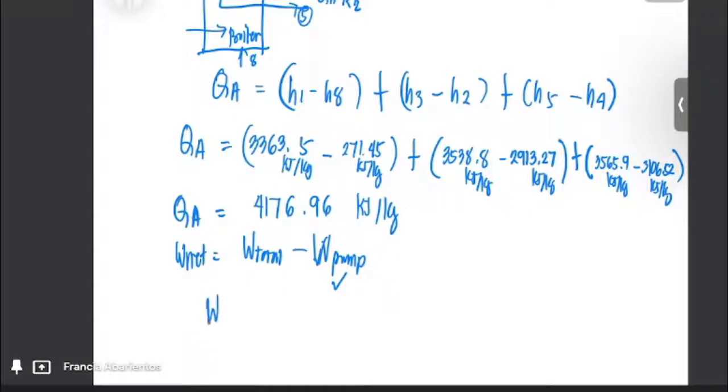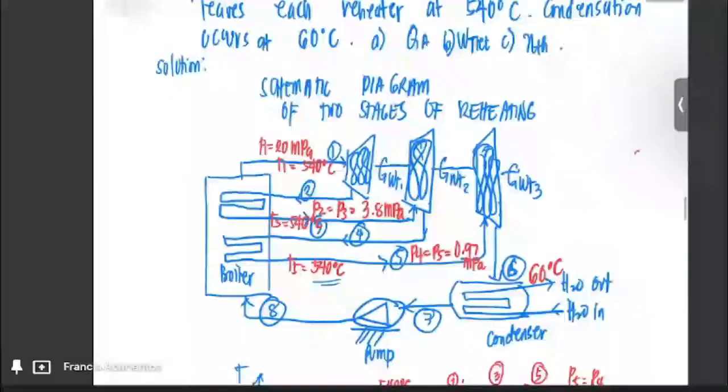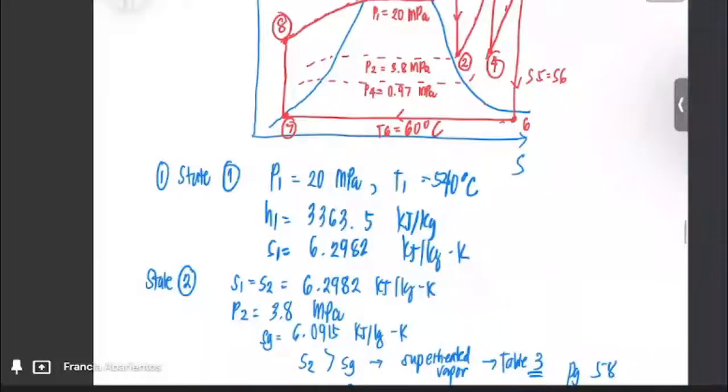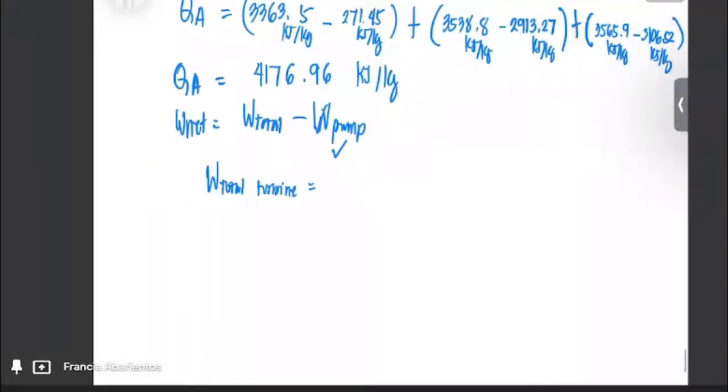Okay, work ng turbine. So, ilan yung turbina class? Balikan mo sa schematic. Kaya importante ang schematic. Tatlo yan, no? Tatlo.